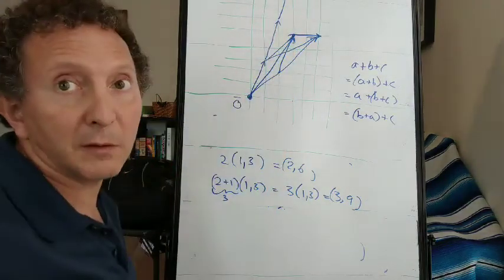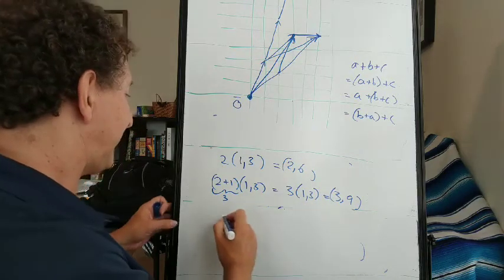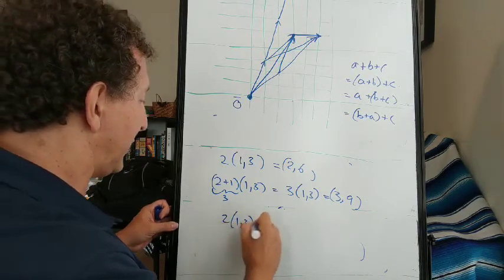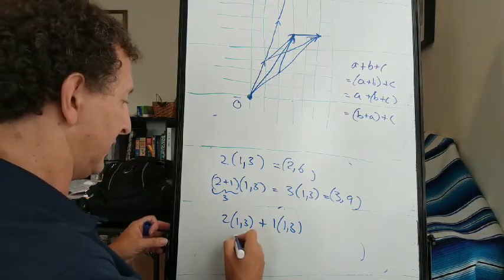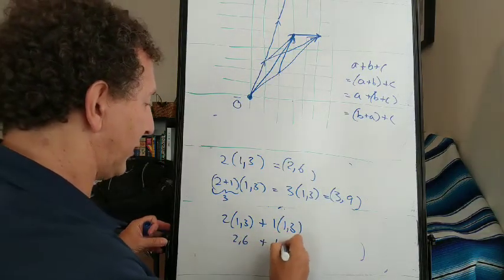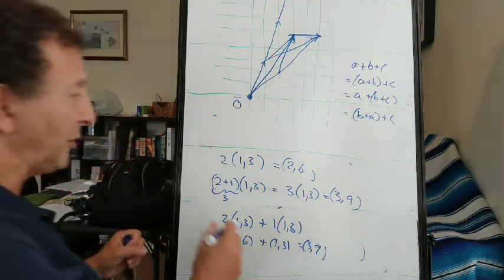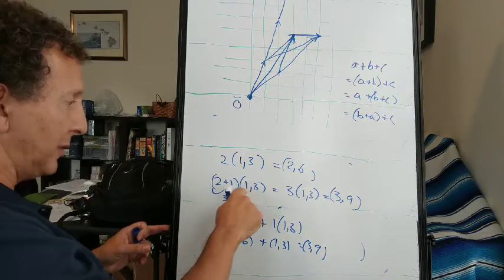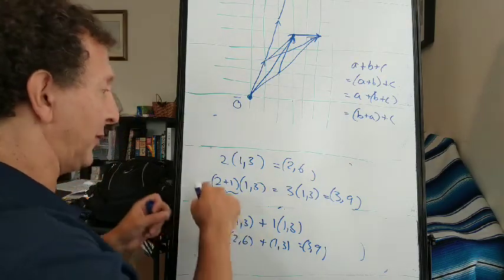Sorry if I went off the board. And that's the same thing as 2 times (1, 3) plus 1 times (1, 3). That is (2, 6) plus (1, 3) equals (3, 9). So I'm using the distributive law here. 2 times that plus 1 times that is the same as 3 times that.